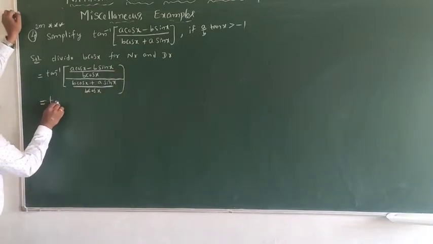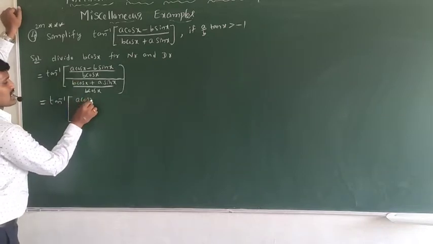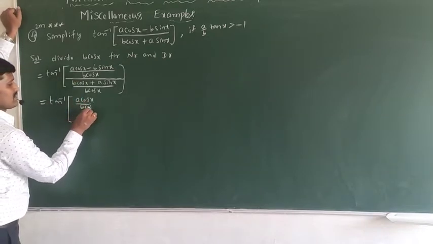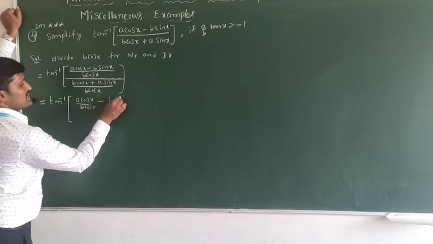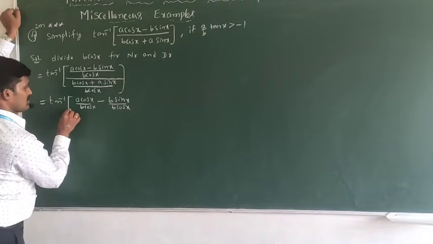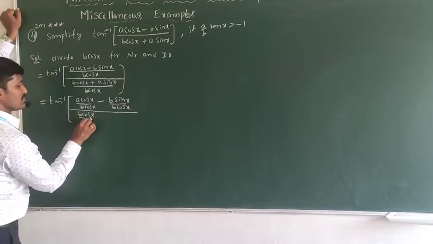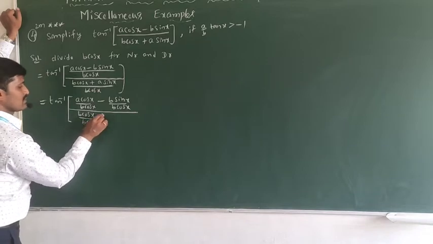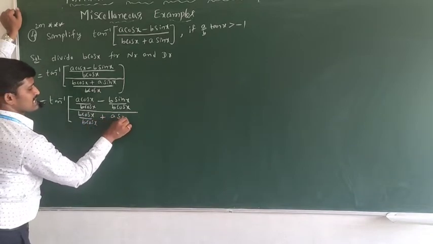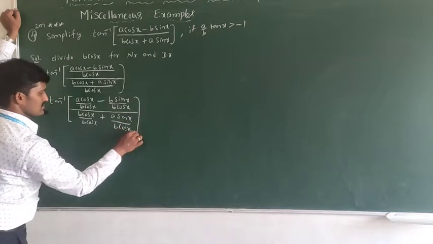Now tan inverse of, divide every value: a cos x by b cos x minus b sin x by b cos x, total divided by b cos x by b cos x plus a sin x by b cos x.